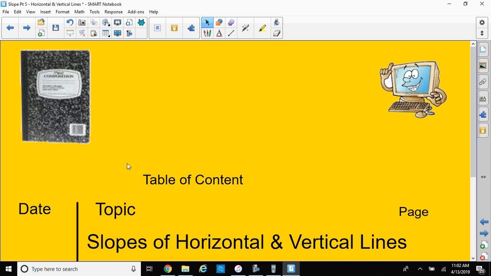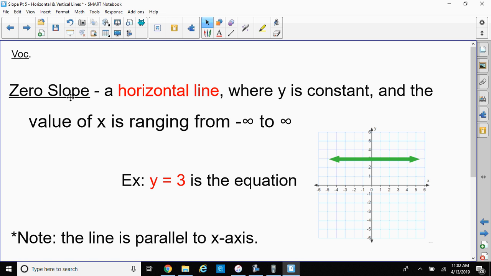All right, so we're going to talk about slopes of horizontal and vertical lines. Zero slope is a horizontal line where y is constant and the value of x is ranging from negative infinity to positive infinity. For example, here's a line.